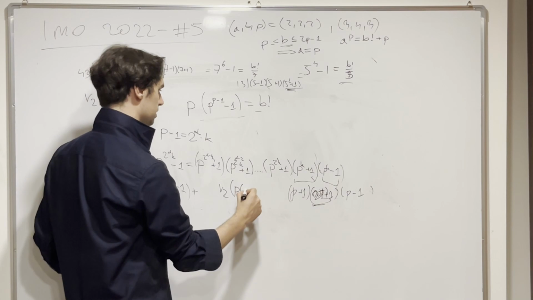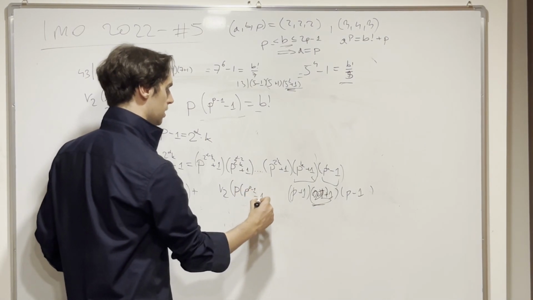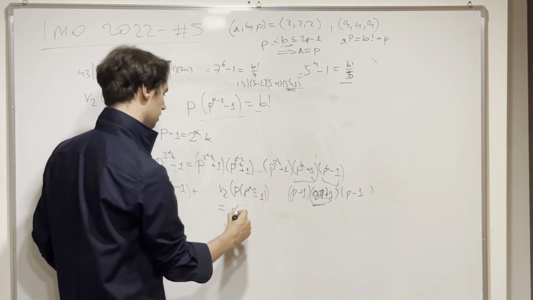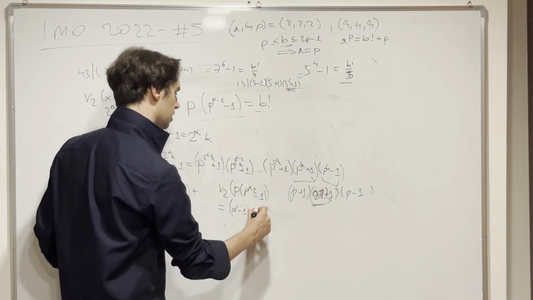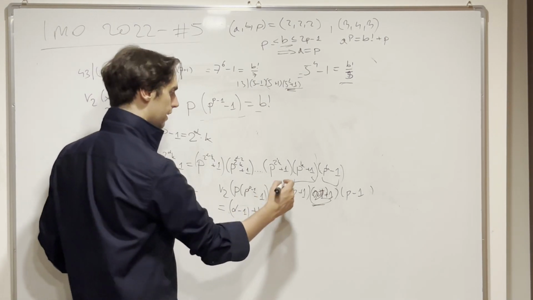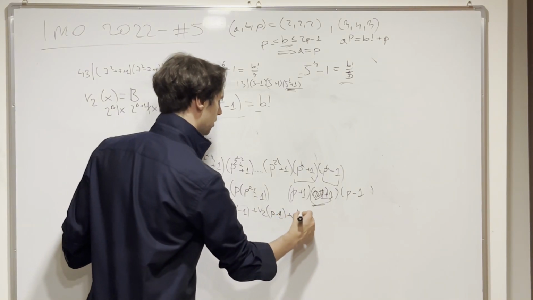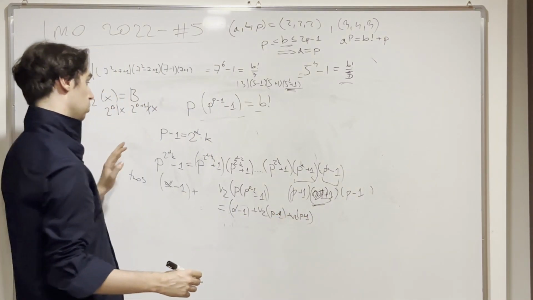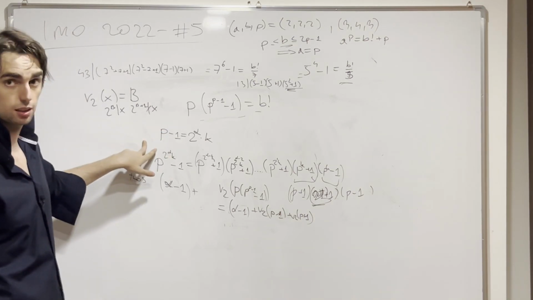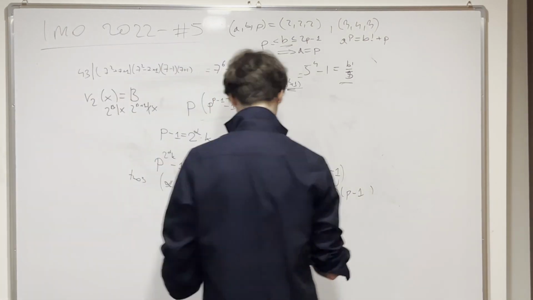of p times p to the p minus 1 is equal to alpha minus 1 plus the number of 2's that are in p minus 1 plus the number of 2's that are in p plus 1, which is incidentally alpha again.